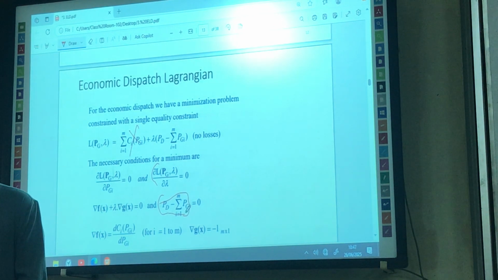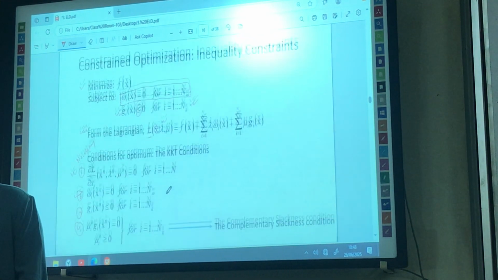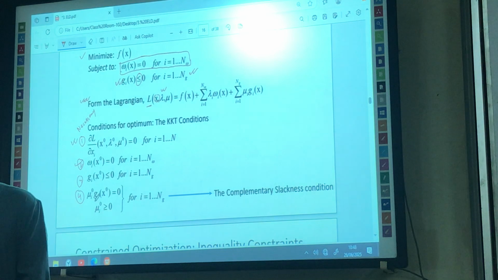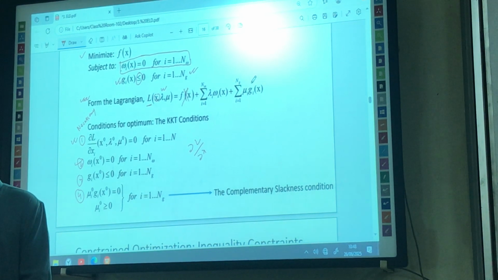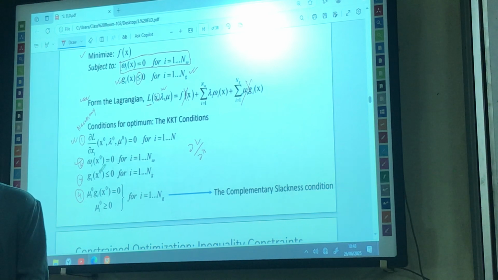That's why here we can write the second condition directly. Obviously this second condition is nothing but the partial derivative of L with respect to lambda. Then we will get only this thing because the other terms will be cancelled out, so lambda will be 1, and there will be only omega of x that will be equated with 0. That is the truth.